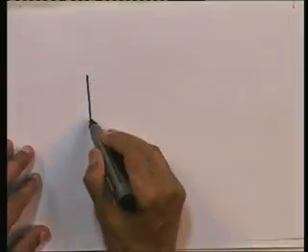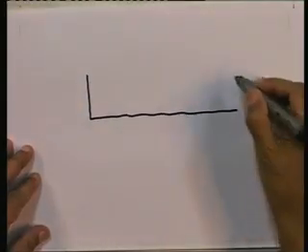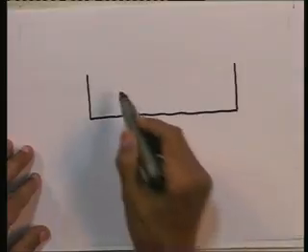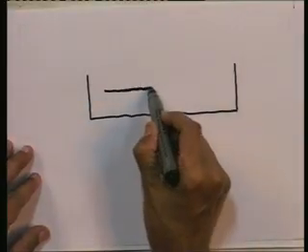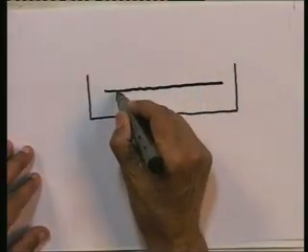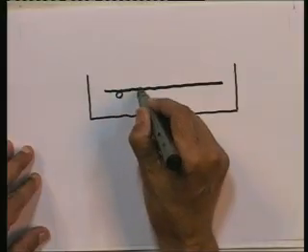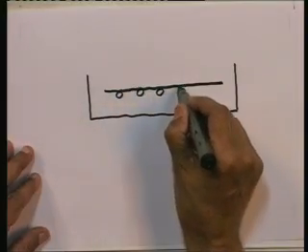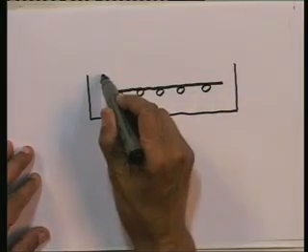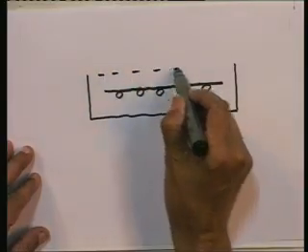Now, let us look at a cross section of this collector. What would it look like? A cross section of this collector would look like this. This is the casing of the collector, this is the absorber plate, these are absorber tubes below it, and this is the glazing, the glass cover on top.